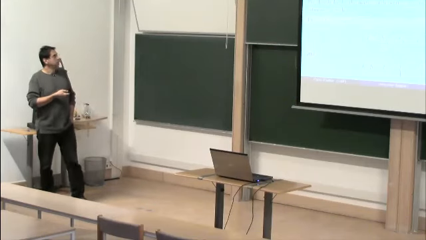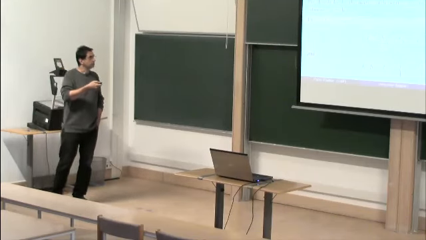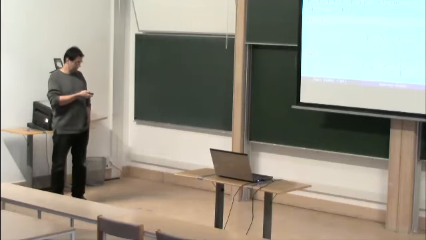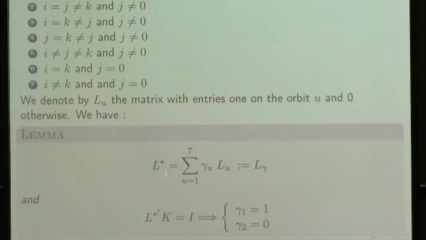Since L star is constant on the orbits, L star may be expressed like that. It's a linear combination of L U. L U for the orbit U is a matrix which is 1 if the entry belongs to the orbit and 0 if it doesn't. So we call this L gamma.